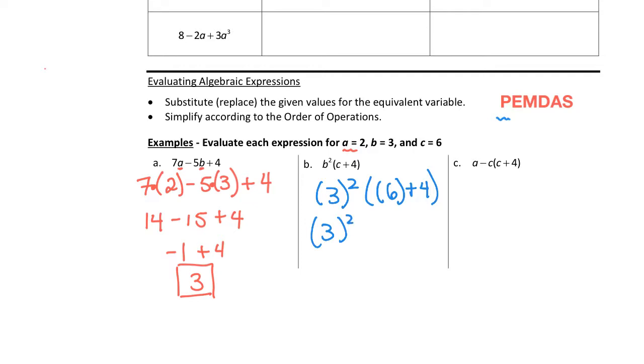Now, while it's in parentheses, there's no action to do inside them. I have 6 plus 4, so that will be 10. Don't forget that there's multiplication between any sets of parentheses. So now that I've done all the action inside the parentheses, I can do my exponents. 3 squared is 9 times 10 equals 90.